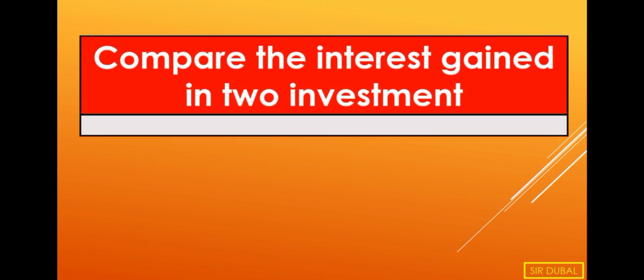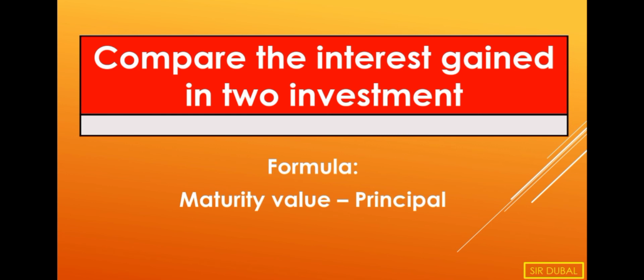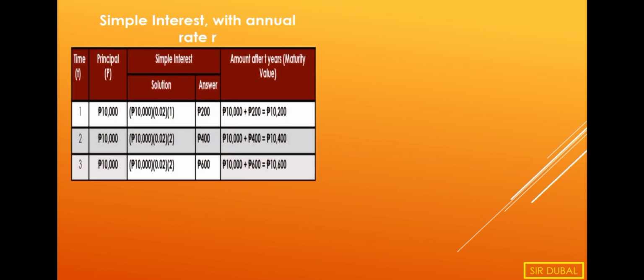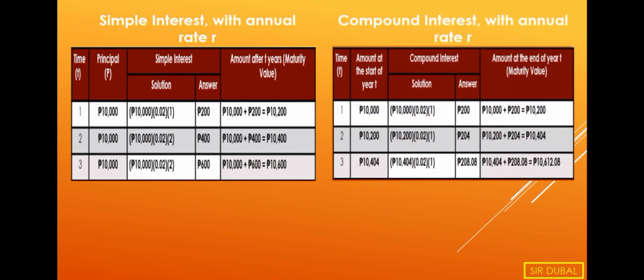So now we are going to compare the interest gained between the two investments. So the formula that we are going to use is maturity value minus the principal. So I'm going to present to you again the table that we solved a while ago for the simple interest. We have that table. For the compound interest, we also have that table.